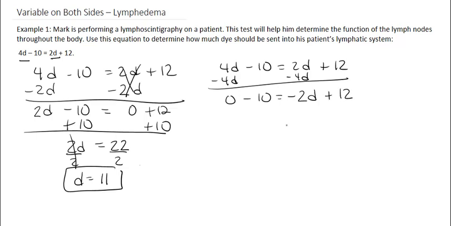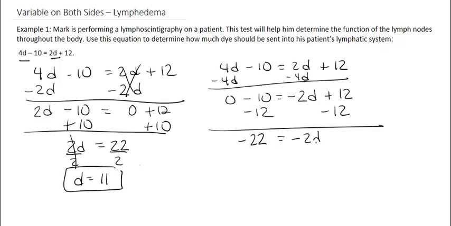Now to get D on by itself on one side, we're going to subtract 12 from both sides. So we get negative 10, and we're going to add the negative 12 to it. So negative 10 minus 12, which is equal to minus 22, which is equal to negative 2D.